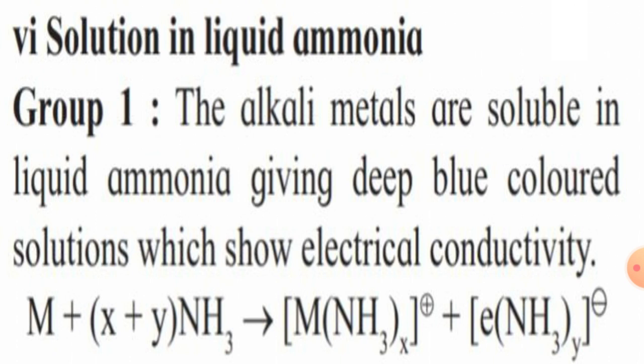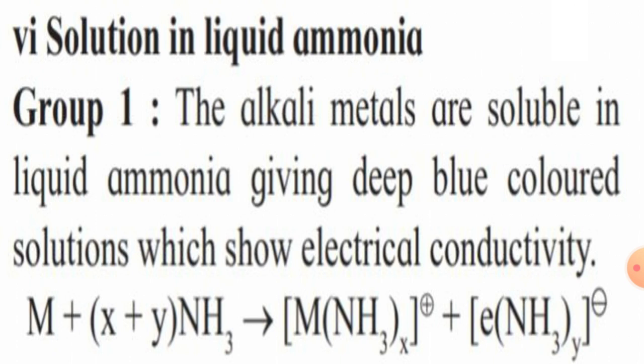The solution shows electrical conductivity. What do we mean by electrical conductivity? It is where there is a flow of electrons, where electricity is produced. So when alkali metals dissolve in liquid ammonia, they give a deep blue color, which shows electrical conductivity.